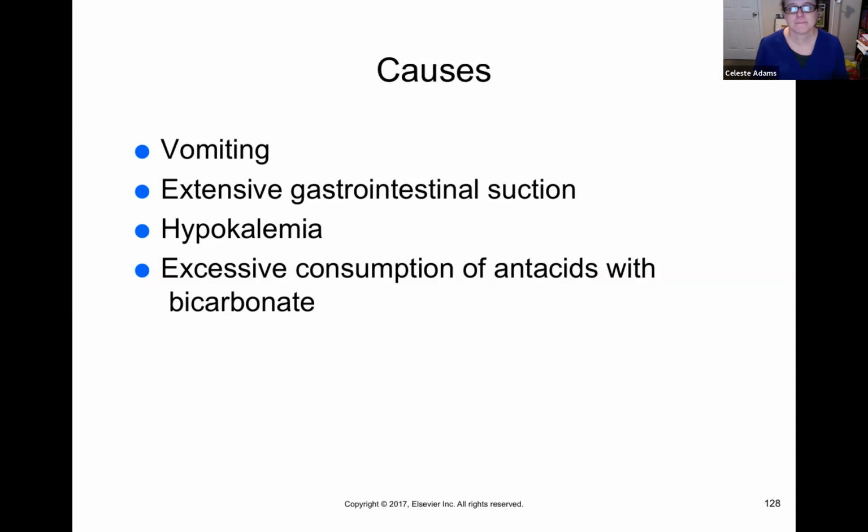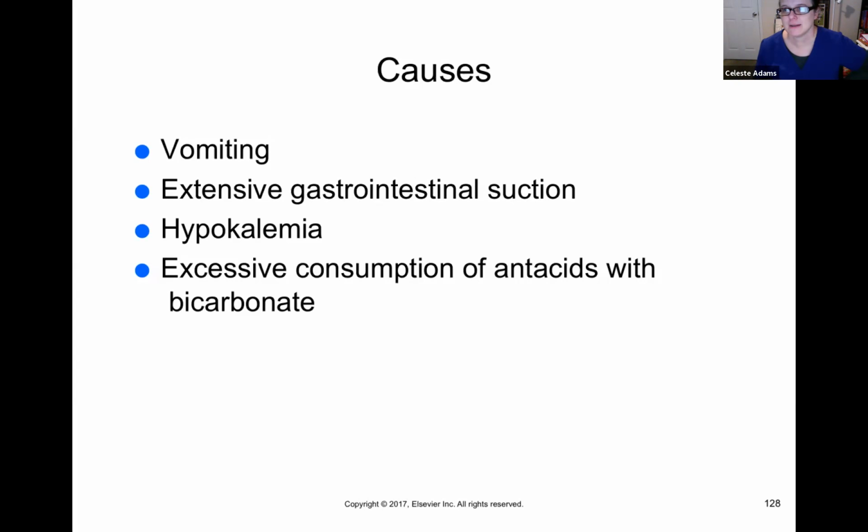Extensive gastrointestinal suctioning, same thing. What we talked about before would be more along the lines of the kidneys, but here would be more along the lines of the GI tract and the absorption of the bicarb ions.